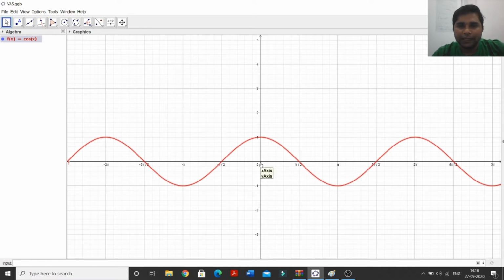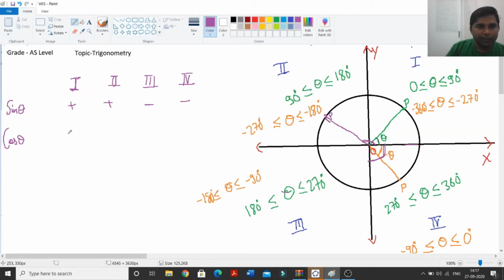As you can see, it is positive between 0 to 90 and negative between 90 to 270, and from 270 to 360 it is positive. So that means it is positive in the first quadrant, negative in the second and third quadrant, and positive in the fourth quadrant. So for cos theta, it is positive in the first quadrant, negative in the second, negative in the third, and positive in the fourth.